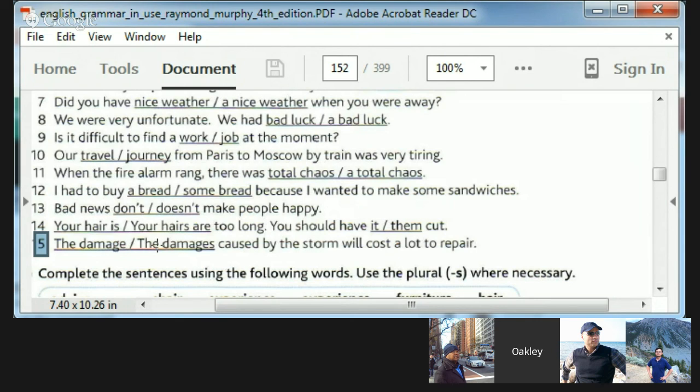Yeah, well, okay, technically speaking, if we're going to go strictly by the book, damage is uncountable. But frankly, native speakers very frequently use damages. Even in English-speaking court of law, you have to pay damages. They use the plural. So one of those things that can go either way.